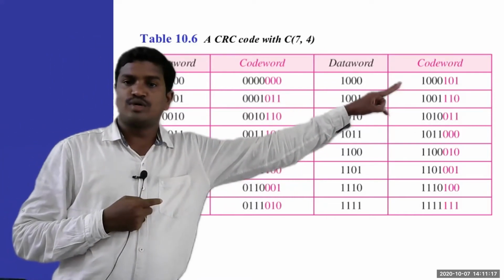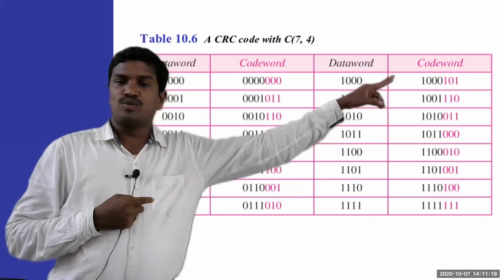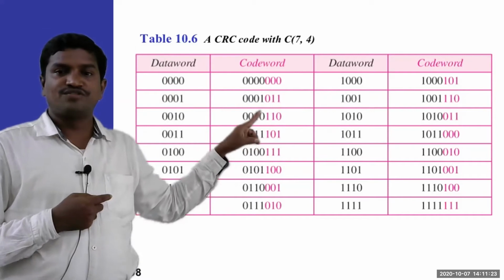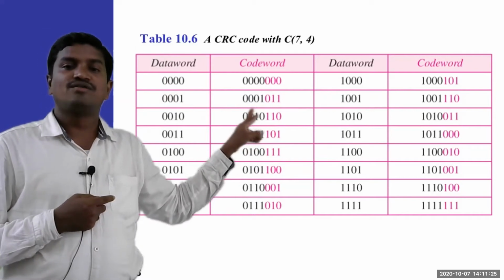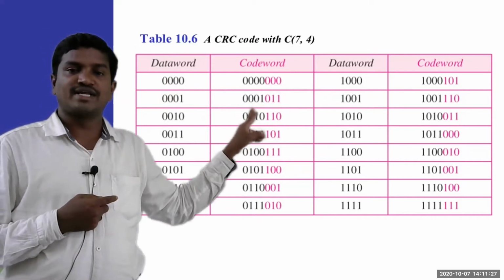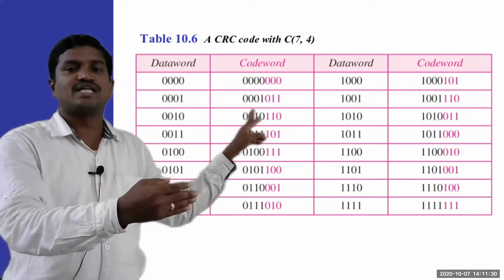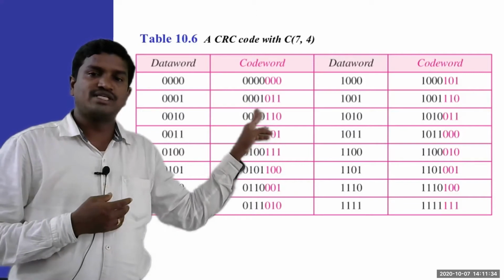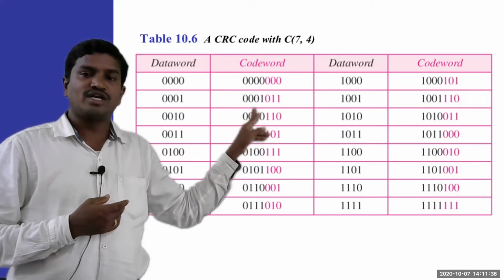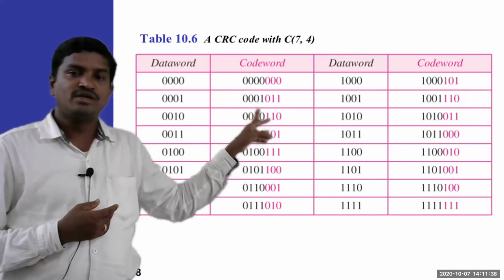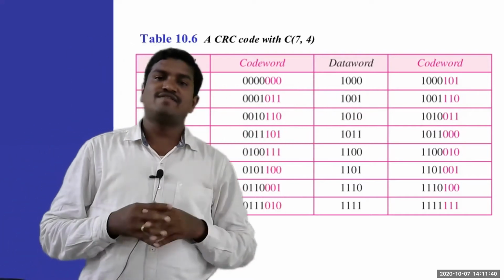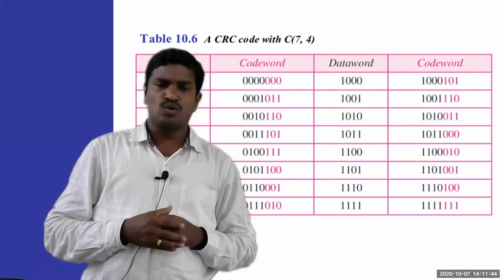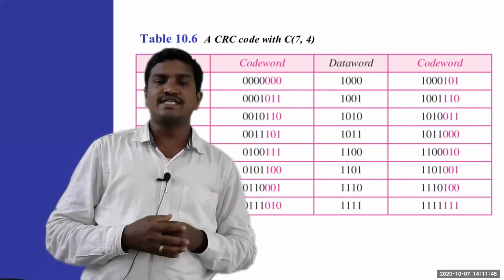If you observe, 1000101 is the result when you perform a circular shift towards the right on this code word. It results in 100 followed by 101, which is again part of the valid code words. This way, this property is held by this cyclic redundancy code.